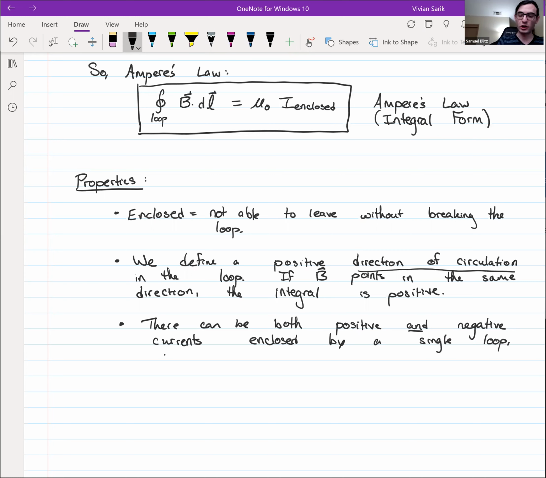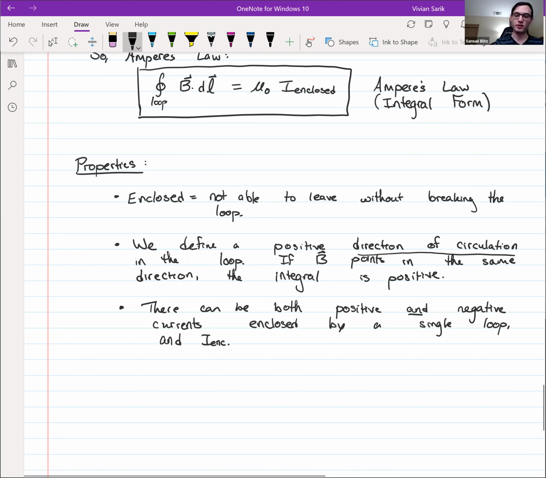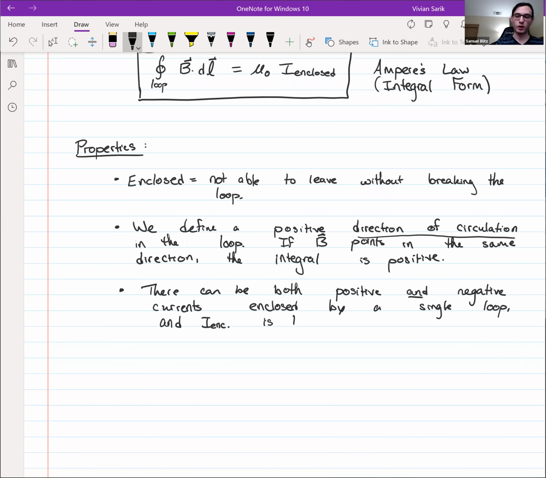And the enclosed current, just like for the enclosed charge, if you have positive and negative charges, the enclosed current is the net current. So you add up the positive current and you subtract off the negative current. Just like in Gauss's law, we're going to use symmetry to solve these types of problems. And again, just like with Gauss's law, the shape holds for any shape, it might not be useful, but it still holds.